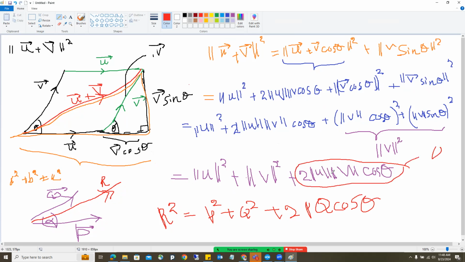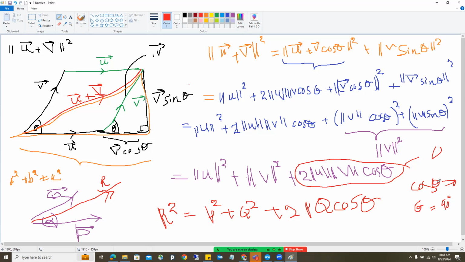But we know that u and v are non-zero vectors, so they have magnitudes. Then the only thing that can be 0 is cos theta. So cos theta is equal to 0 when theta is 90 degrees, because cos 90 is equal to 0.